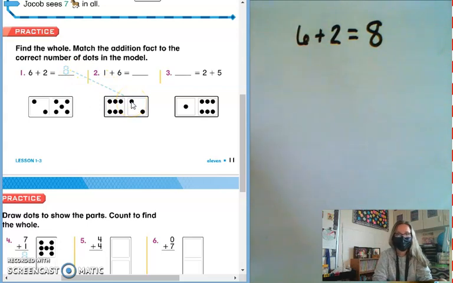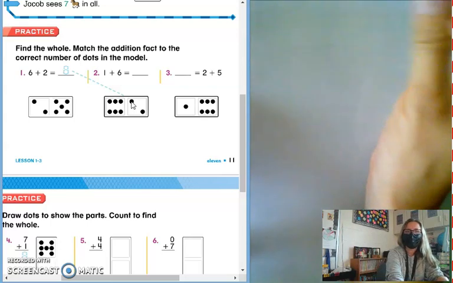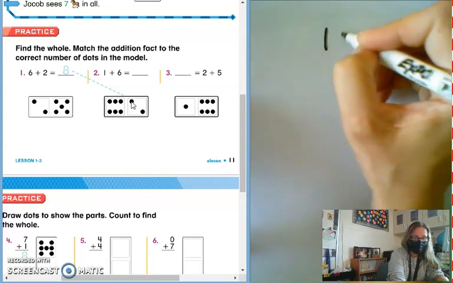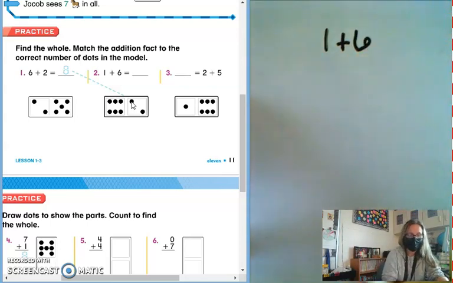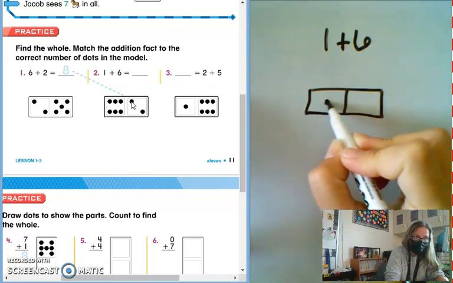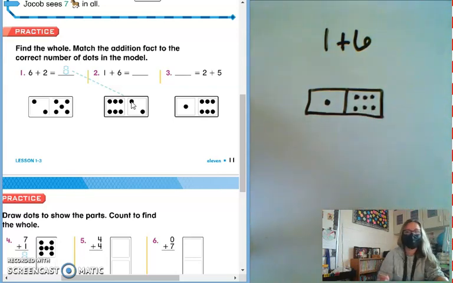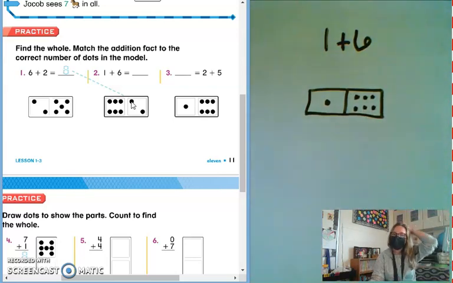So you can trace that line. Okay? The next one, number 2, says 1 plus 6. So if I were to draw that in 2 parts, I would have 1, and then I would have 1, 2, 3, 4, 5, 6. Is there a domino that looks like that on our page?